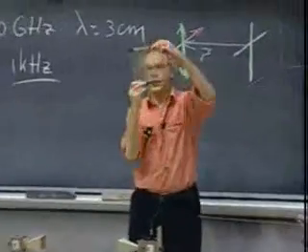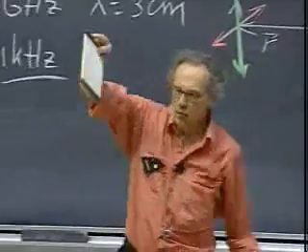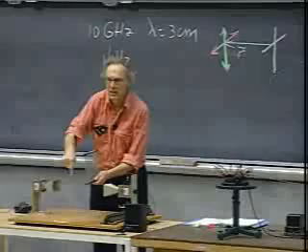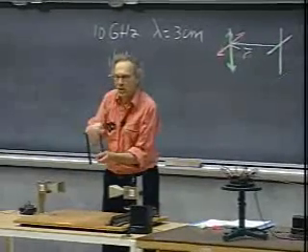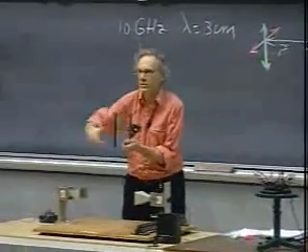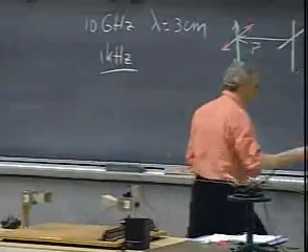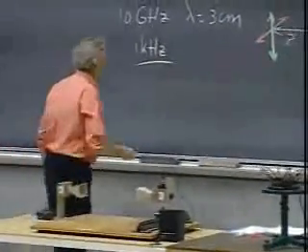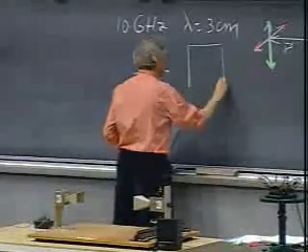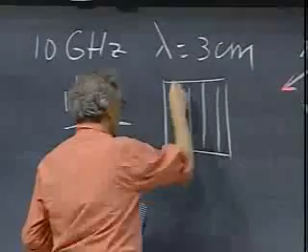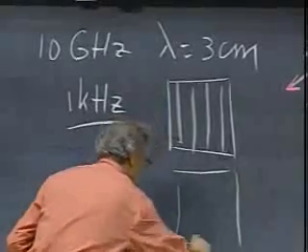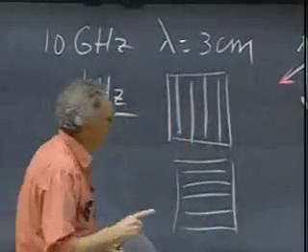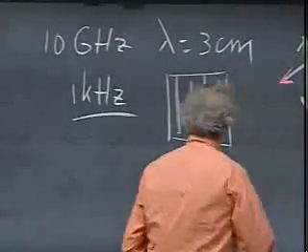I can put this grid in so that the bars are in the same direction as E, but I can also put it in so that the bars are perpendicular to E. If I make you a drawing, if you would look in this direction, then I can do one of two things. Either the bars are like so, or the bars are like so, but in both cases the electric field is coming in like this.